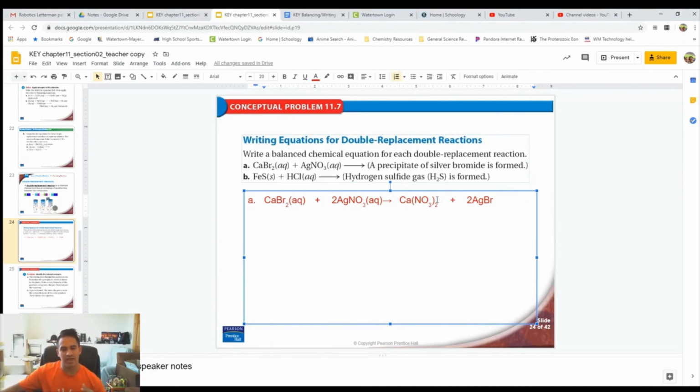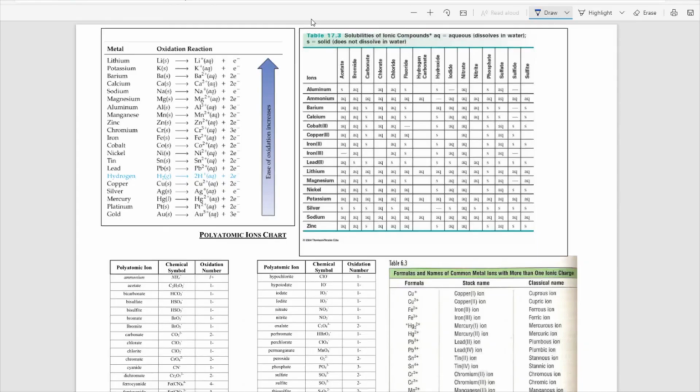From here, the last part is we need to check which one of these will be a solid. To do that, again, we're going to look on our periodic table. In the upper right-hand corner on the back, there's this big chart. This is called a solubility table. What it does is it tells you if a compound is going to be soluble in water. That means, does it dissolve in water?